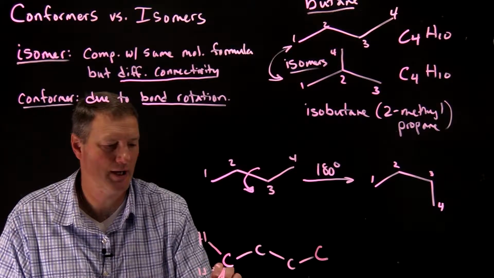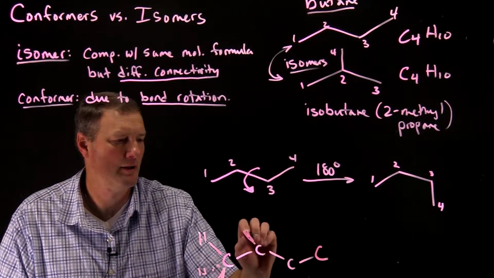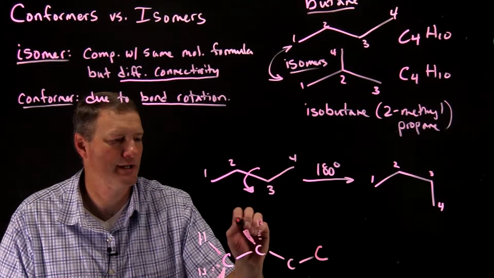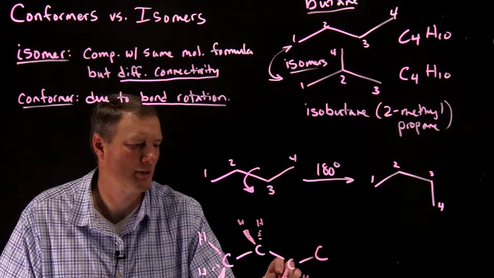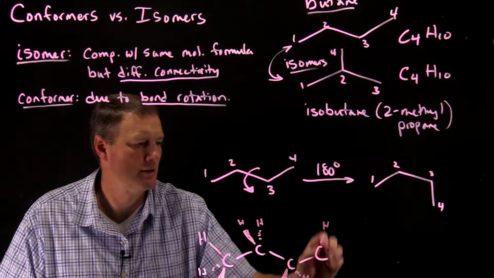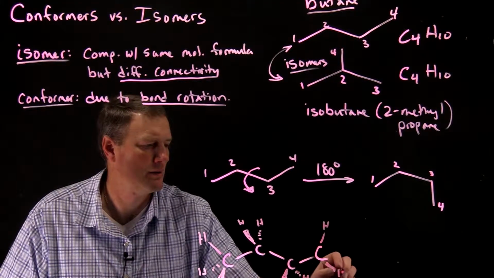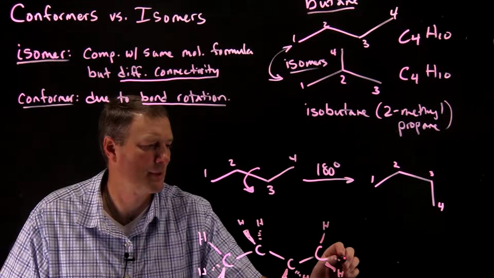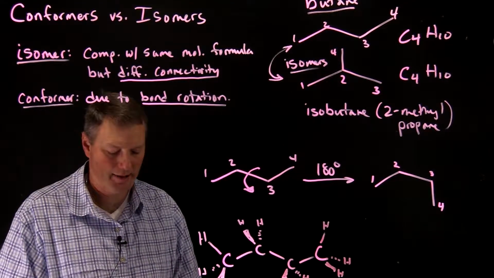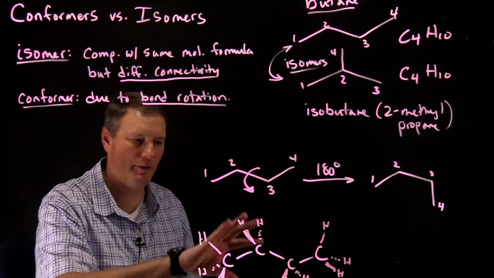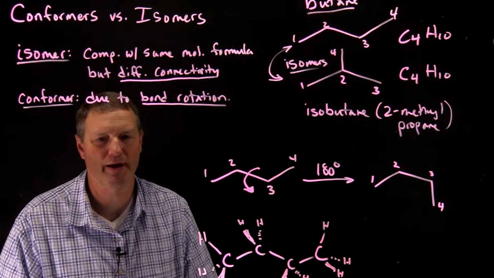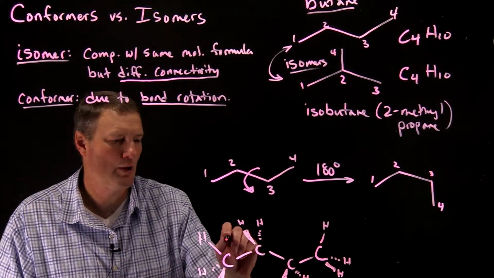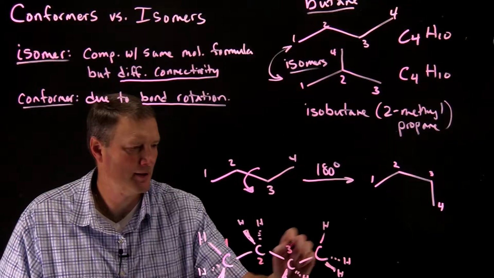So we're going to put our hydrogens in a 3-dimensional representation coming off the carbons. So in that model now, I have all of my hydrogens in the tetrahedral geometry, 109.5 degree bond angle. So let's label our carbons here.